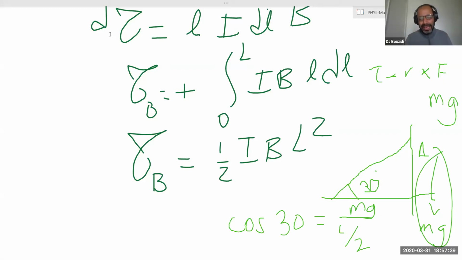I need you to be very careful because sometimes these arguments may work for special situations and may not work for others. The way that you wrote it initially, where you had tau equals r cross F, this will save the day no matter what. When I got into trouble, not we, let me take ownership of that, I put a sine of theta because I was worried more about the magnetostatic force than the mg.